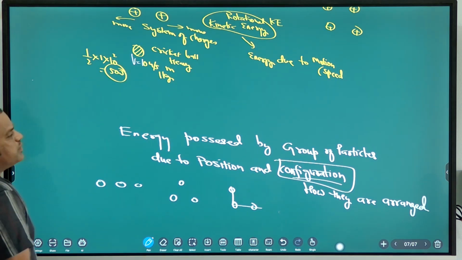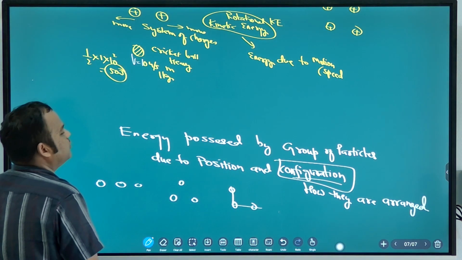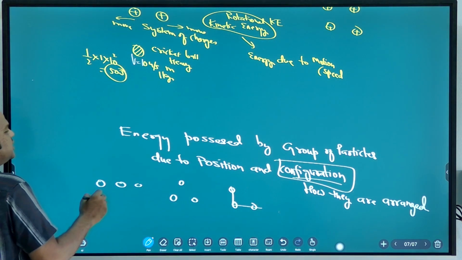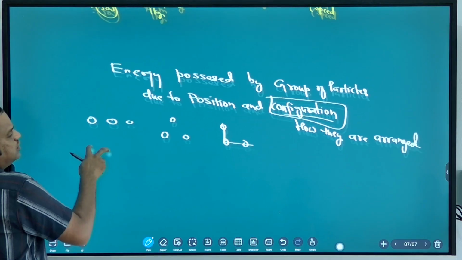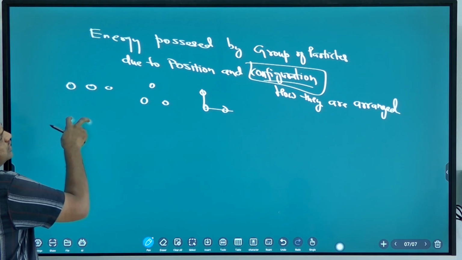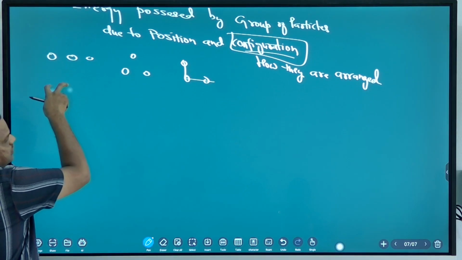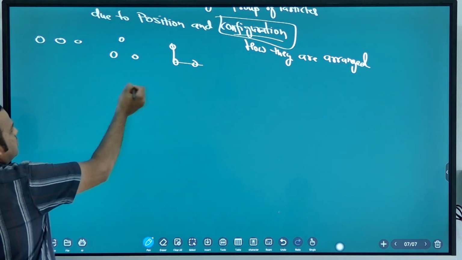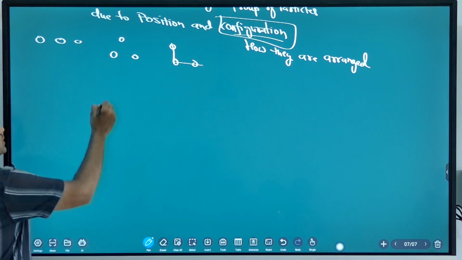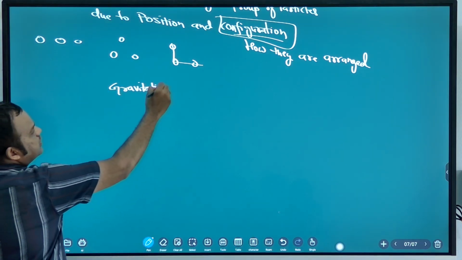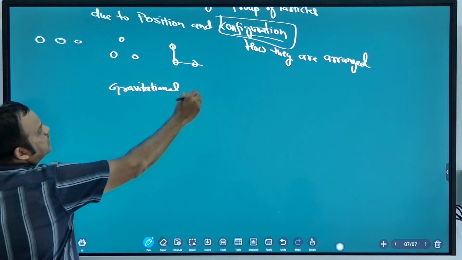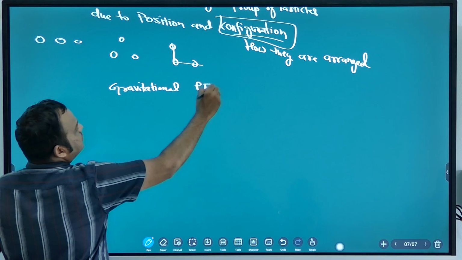So energy possessed due to position and configuration is known as potential energy. Kinetic energy is due to motion, and energy due to position and configuration is potential energy. There are some potential energies we are studying in physics. So what are the examples of potential energy? Gravitational potential energy.